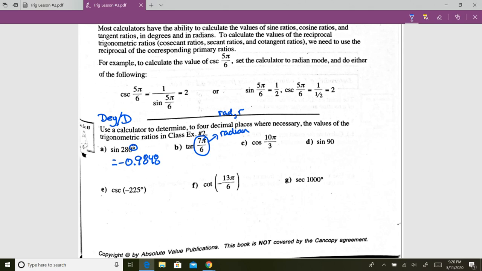A lot of calculators will have a DRG button or a DEG button. There's lots of different ways to do this. Again, please look up how to convert your calculator to radians or degrees. So if you do tan of 7 pi over 6 and you're in radian mode, you will get 0.5774.